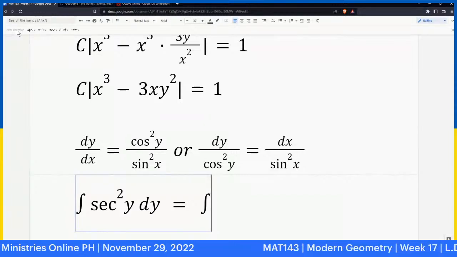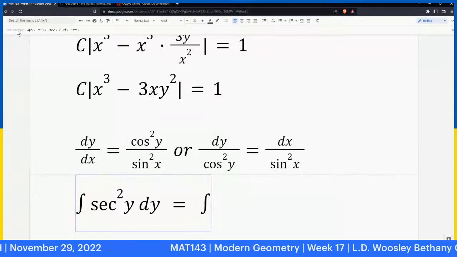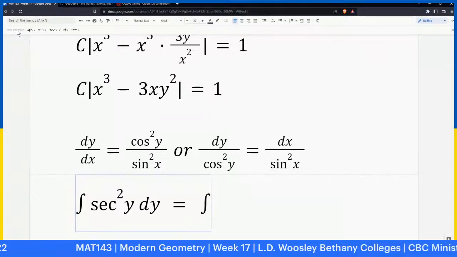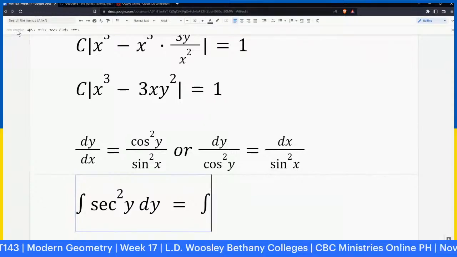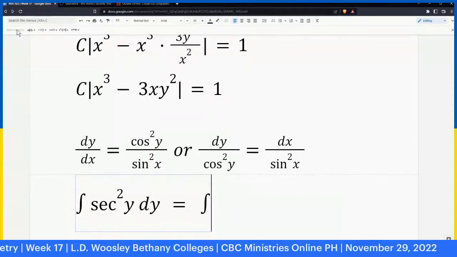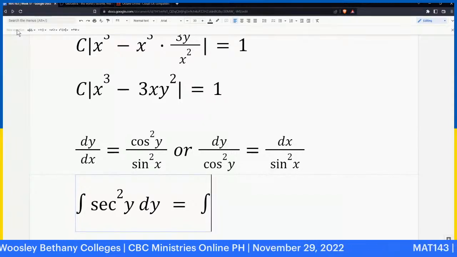That is cosecant, correct. Alright, cosecant.